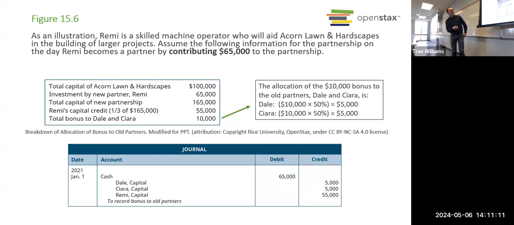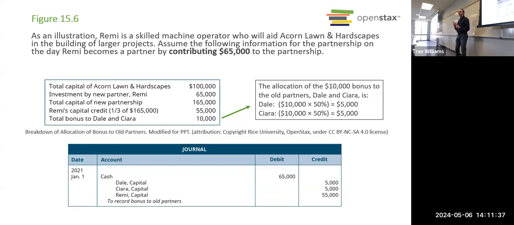Dale and Ciara were the original partners. Dale and Ciara had each put in $50,000, so there was a total of $100,000 of capital in the partnership. Then Remy comes in, and they say to Remy, okay, you contribute $65,000.